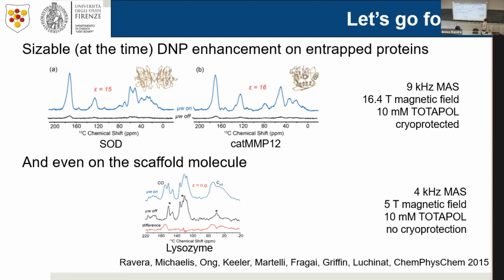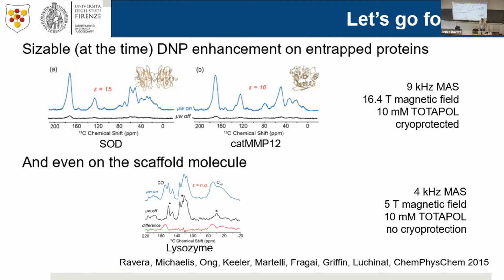We had a decent enhancement at 700 using the standard DNP juice on the enzymes that we were interested in, which are superoxide dismutase, or cobalt, the catalytic domain of MMP12.